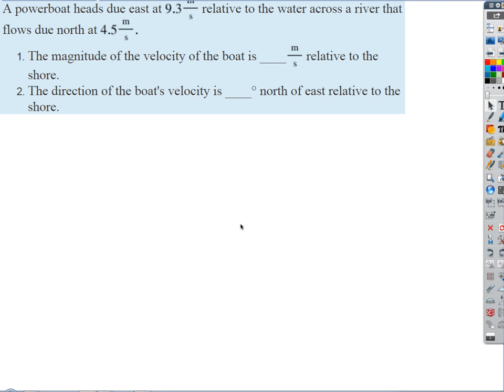Okay, so a powerboat heads due east at 9.3 meters per second, relative to the water, across a river that flows due north at 4.5 meters per second. So seen from, let's say, the shore or a hovering helicopter that's stationary, what's that boat going to do?